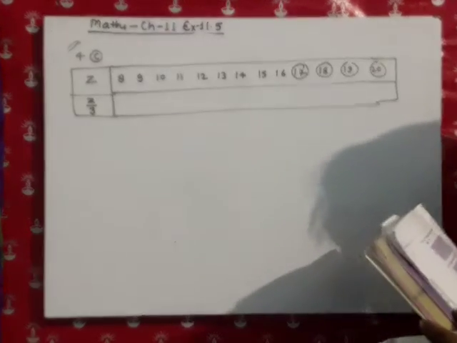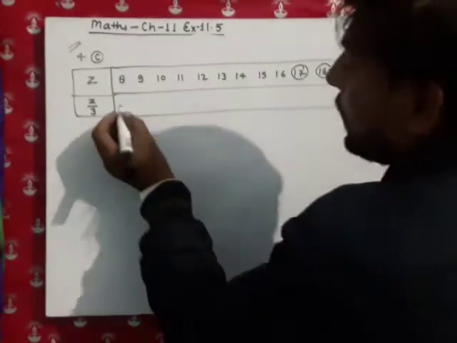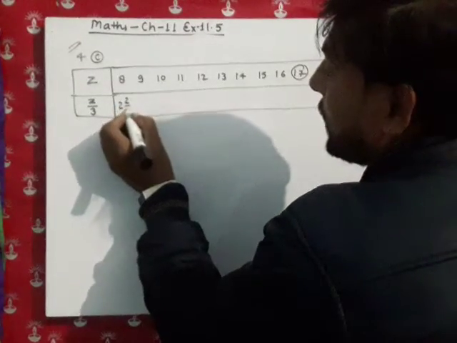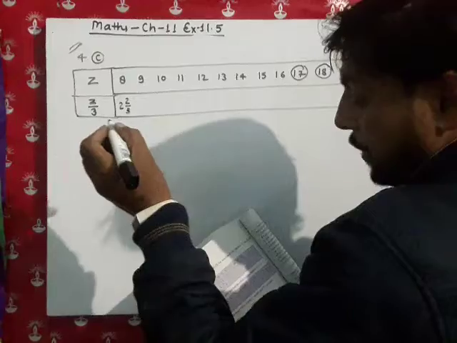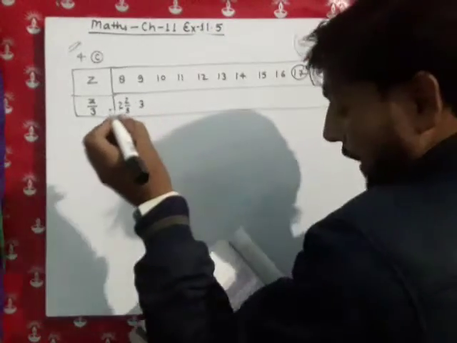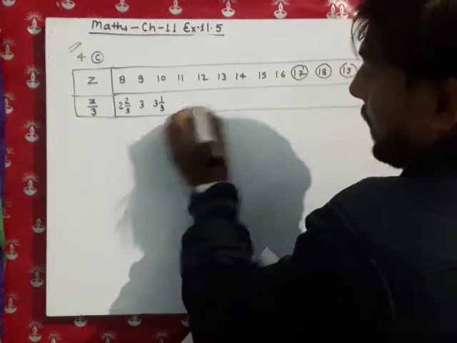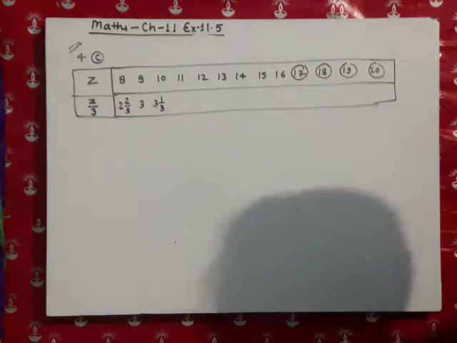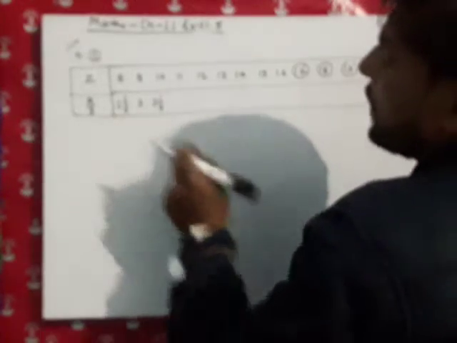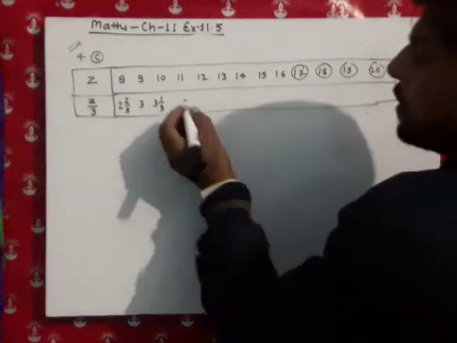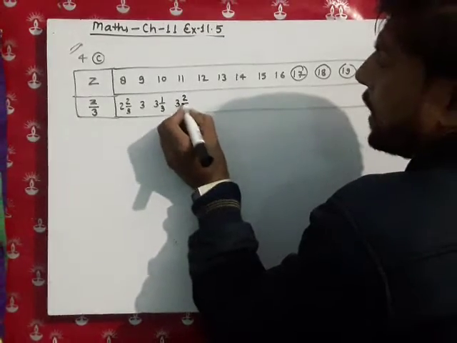Now the values given are 2 whole 2 by 3 in this table, and the next one is 3, and the next one is 3 whole 1 by 3. Now we have to write down. Simply dividing 11 by 3, 3 3s are 9 and 2, so it becomes 3 whole 2 by 3.